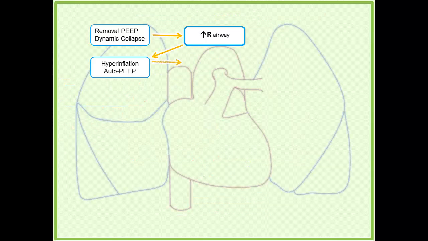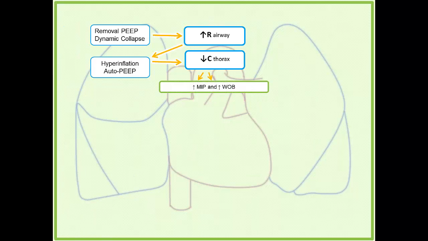So this hyperinflation and auto-PEEP, as you can imagine, decreases your thoracic compliance. And as we saw, when you're breathing at very high lung volumes, the compliance curve of the lungs and the chest wall become worse, and therefore a greater change in intrathoracic pressure must be generated to drive a volume in airflow.